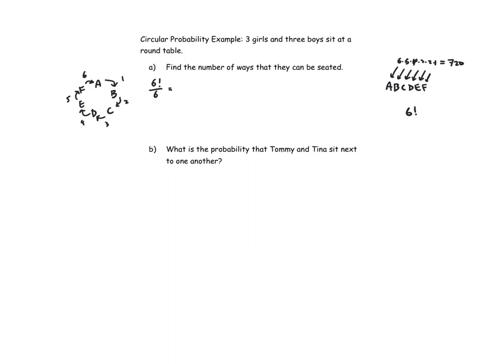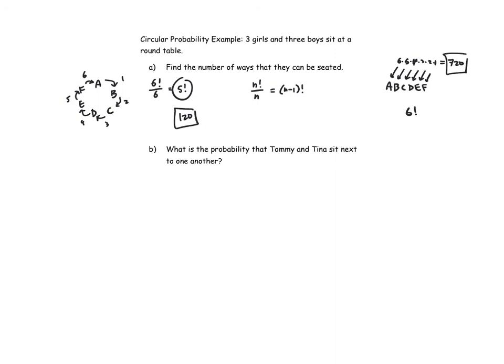So we're going to have 5 factorial ways for people to sit at a table. This will always be true if you have circular nature to your seating arrangement. You'll take the number of seats factorial over the number of seats. And so you'll get this property. Therefore, we would have 120 different ways for the students to sit at a circular table.